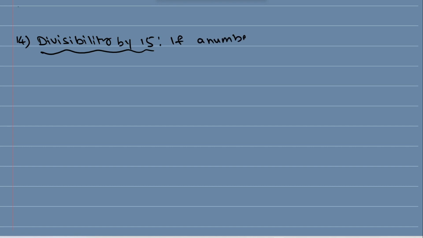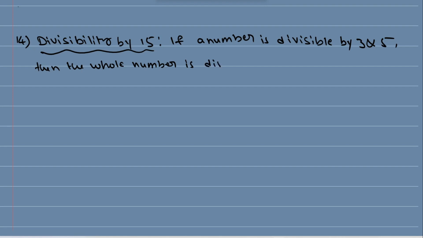If a number is divisible by 3 and 5, then the whole number is divisible by 15.